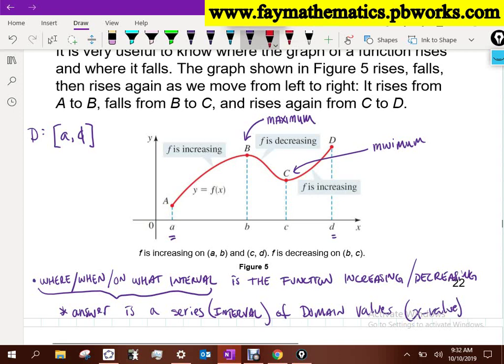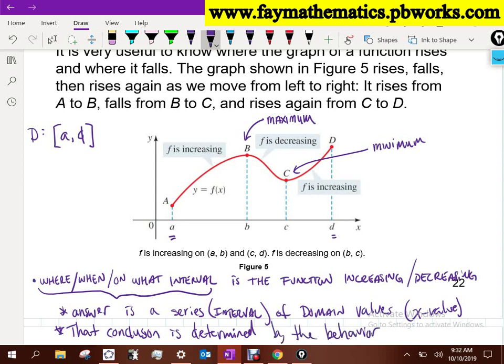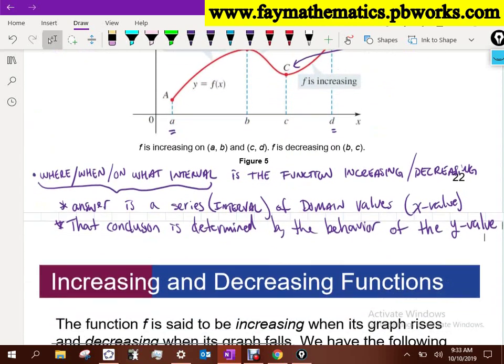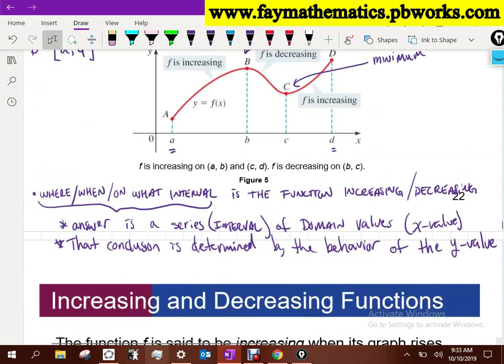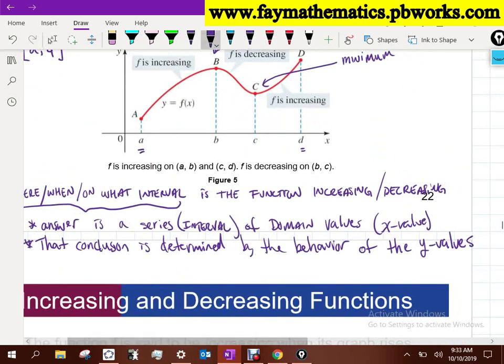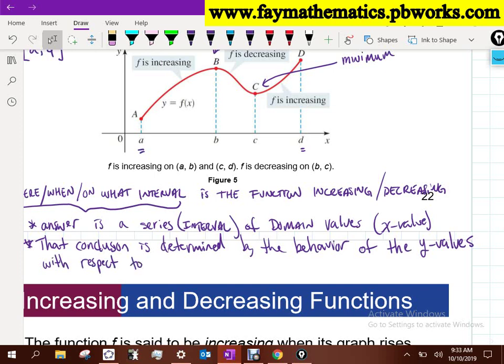However, that conclusion is determined by the behavior of the y values with respect to those x values.